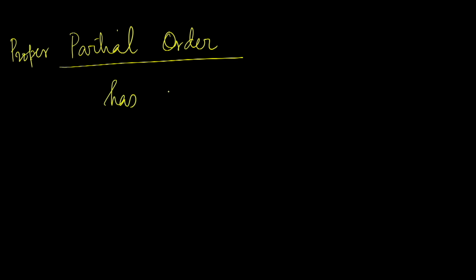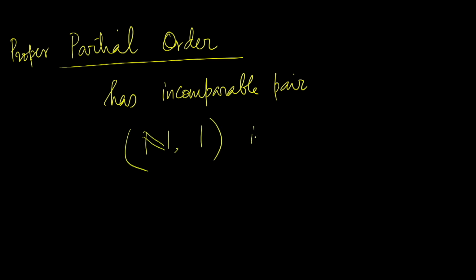A proper partial order has incomparable pairs. Therefore, the set of natural numbers with the divisibility relation is a proper poset, as opposed to a total ordering relation.